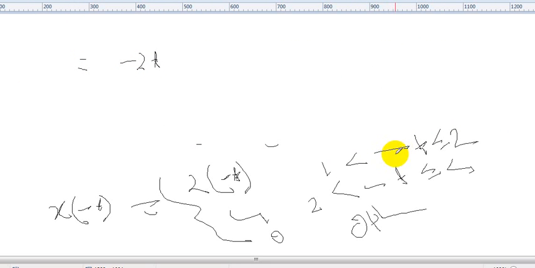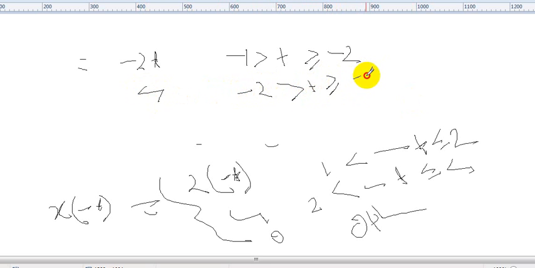Therefore, if we take this minus to the other side, the sign will change, and we get minus 1 greater than t greater than or equal to minus 2. For the second part, minus 2 greater than t greater than or equal to minus 4.